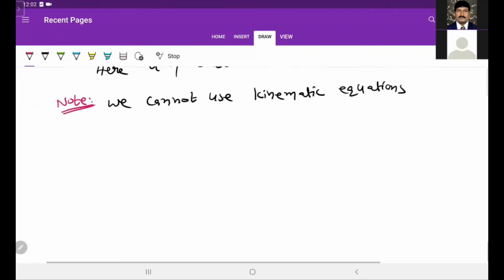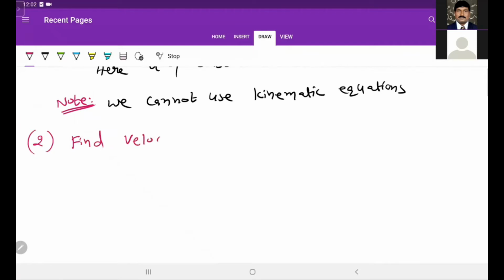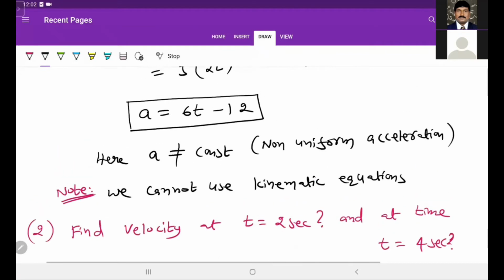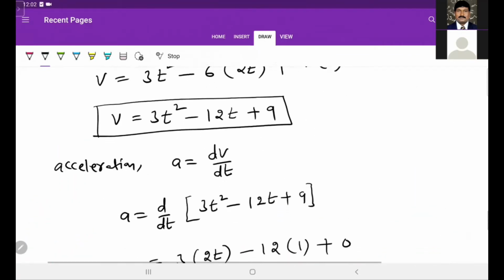So in the same question's continuation, second question: find the velocity at time t equal to 2 seconds and at time t equal to 4 seconds.